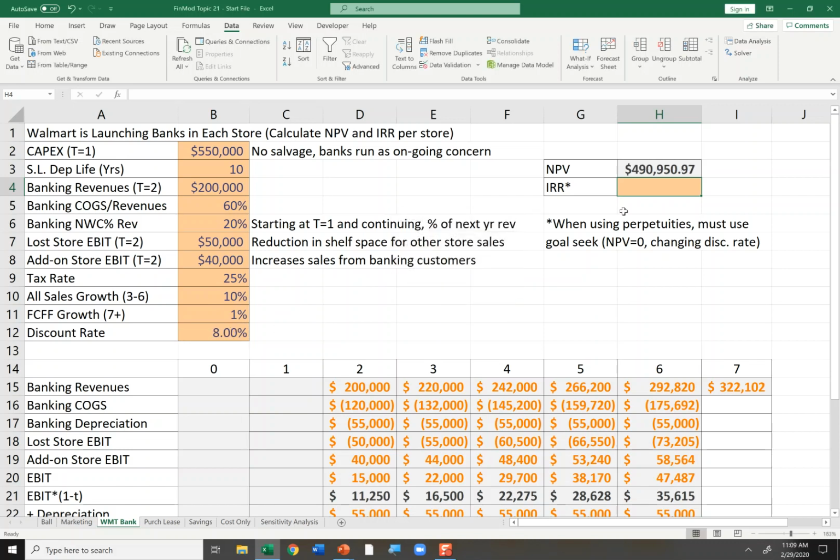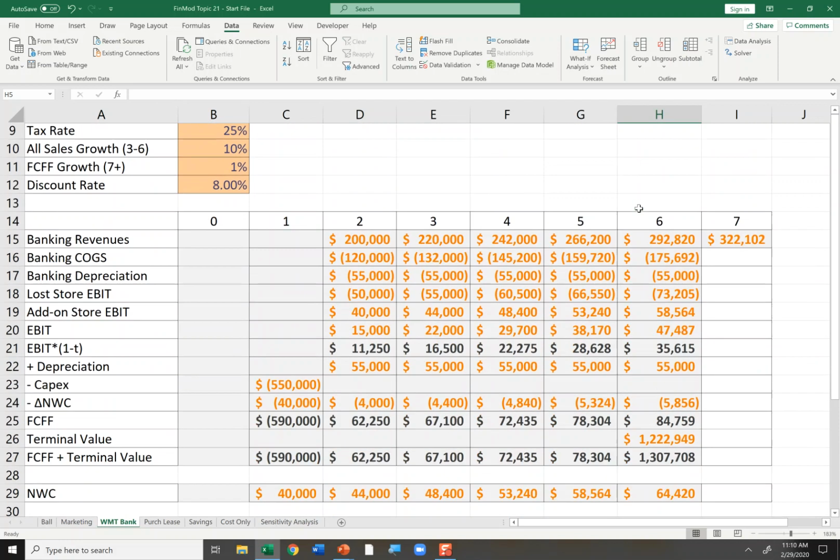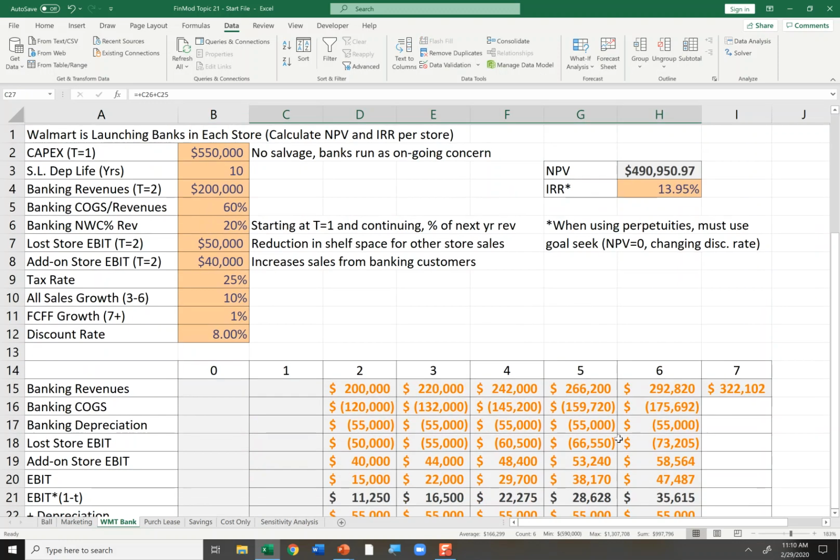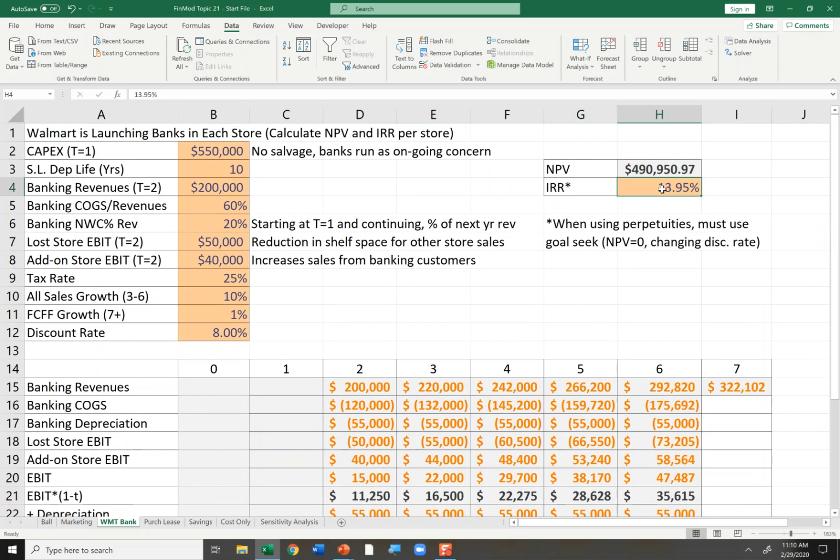I'll cancel and put in 13.95%. All right, so the reason why you can't use the IRR is because the discount rate is in this formula also. So the IRR function is not smart enough to change this one while looking at these cash flows. So my IRR of this project is 13.95.